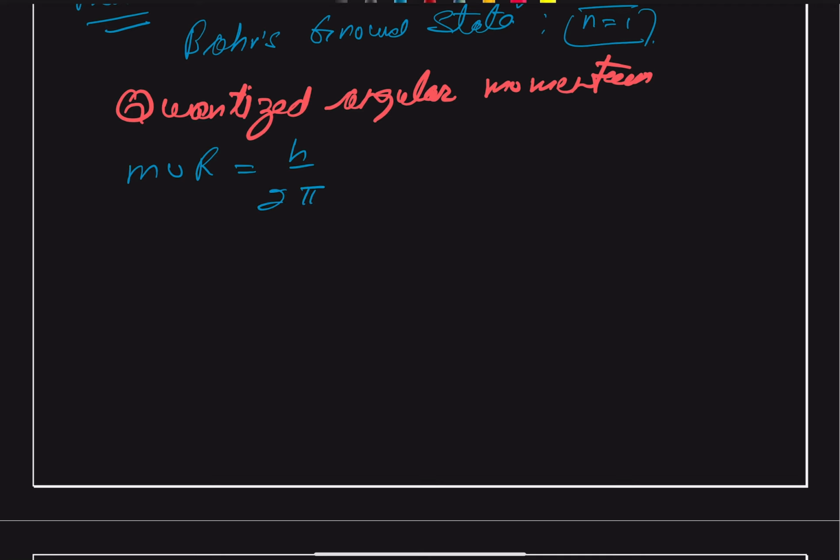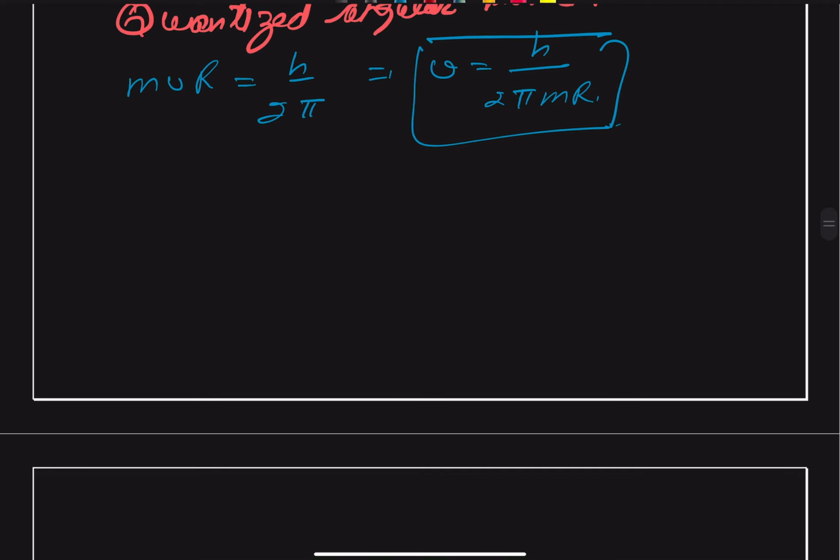So we can write that our velocity v will be equal to h upon 2 pi m multiplied by r. So this is basically the expression for the velocity, and from here we can find out the time period of revolution.